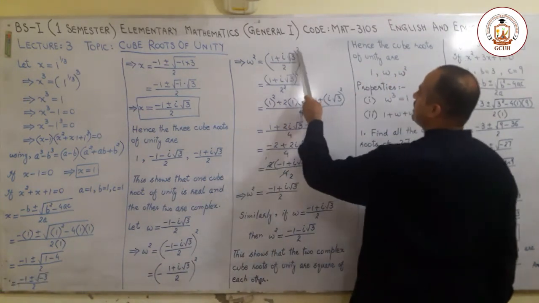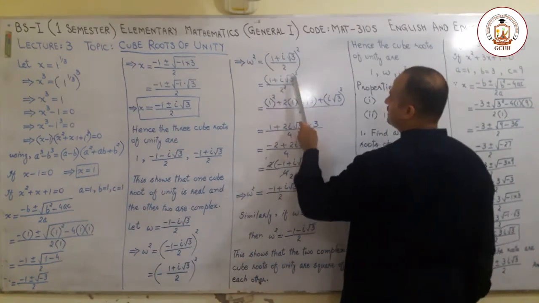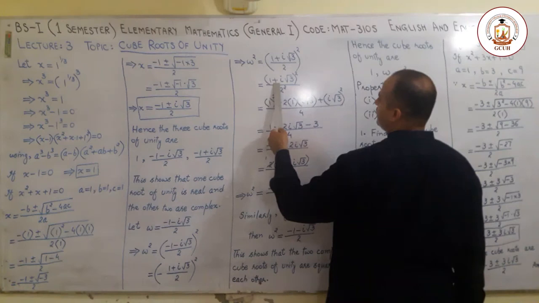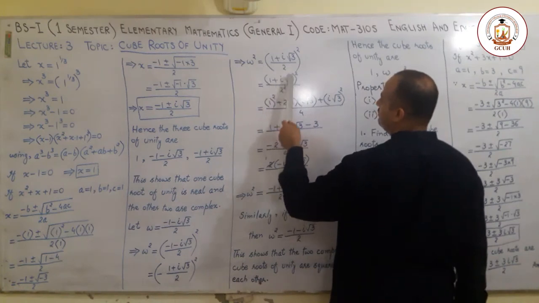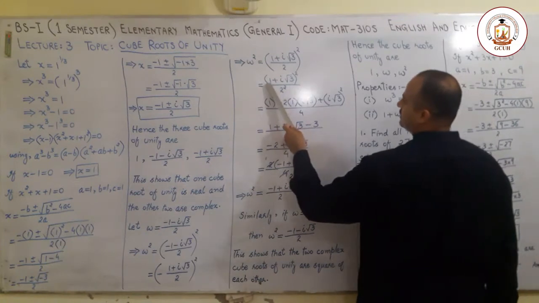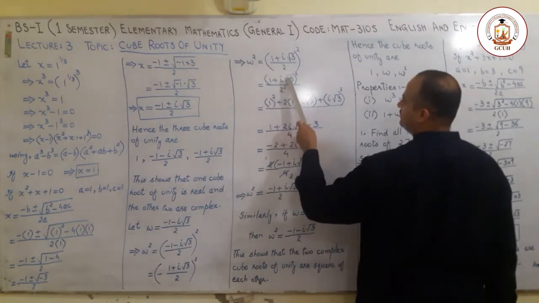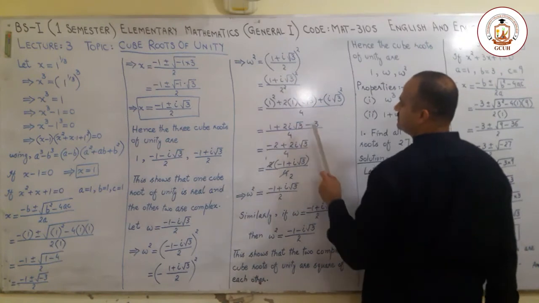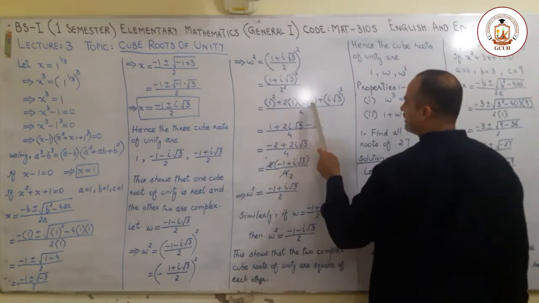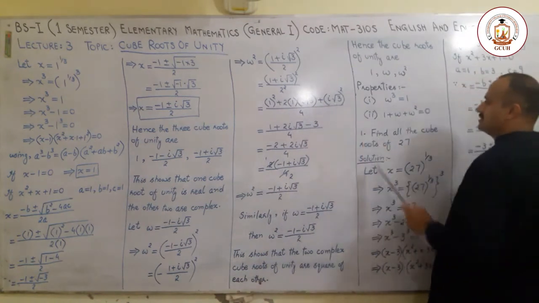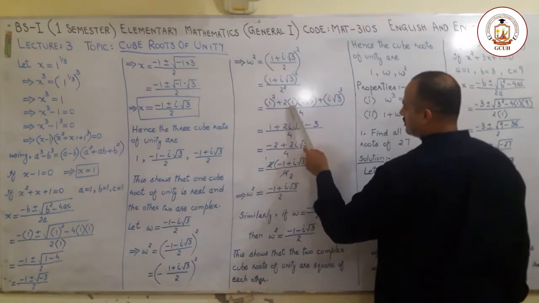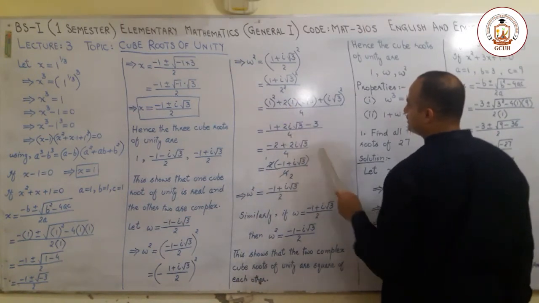So distributing the square in the numerator and denominator in the next step. Here we expand this numerator using the a plus b whole square formula. So in place of a it is 1 and in place of b it is iota radical 3. So 1 square plus 2 into 1 into iota radical 3 plus iota radical 3 whole square. 1 square is 1 and the product of these three is 2 iota radical 3.